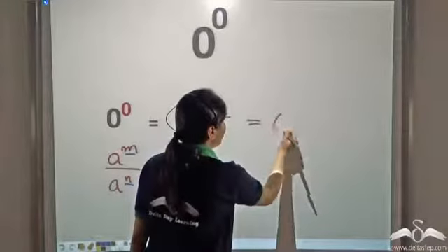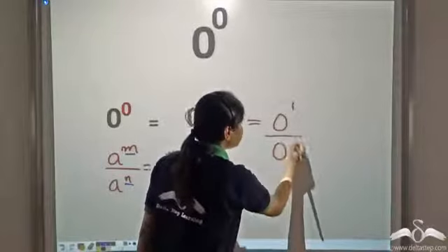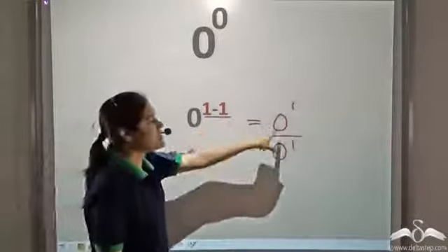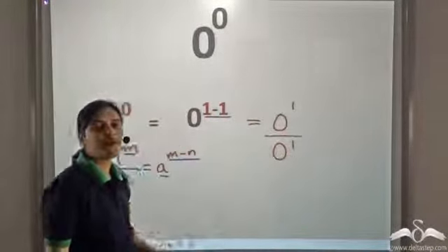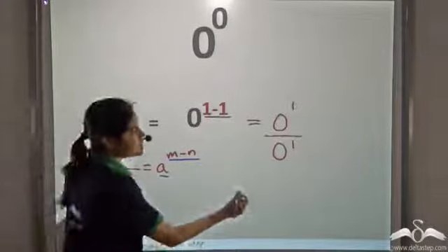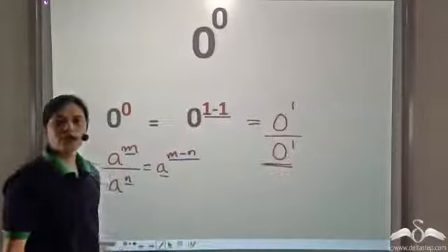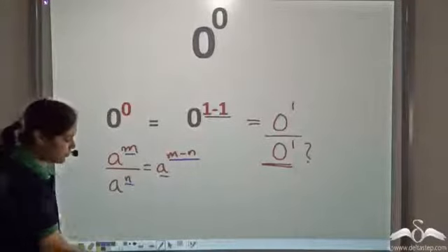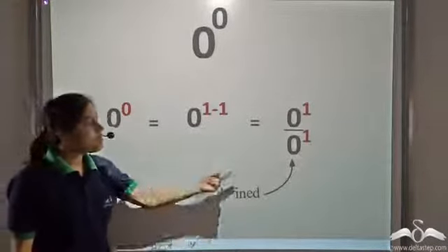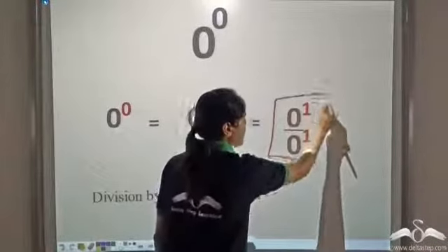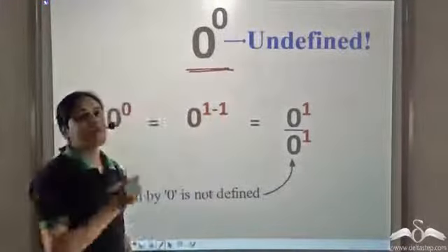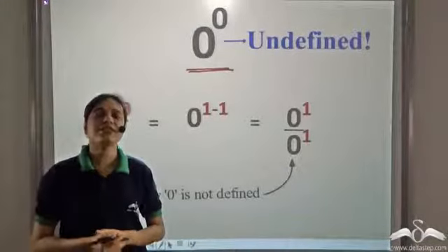So we can write it as 0 to the power 1 divided by 0 to the power 1. m minus n is written as 0 to the power m divided by 0 to the power n. But division by 0 is not possible. So this does not exist or is undefined. Hence 0 to the power 0 is undefined. There is no value of 0 to the power 0. It is undefined.